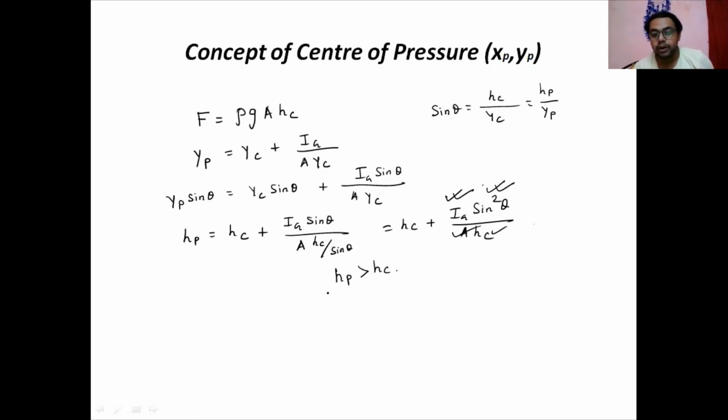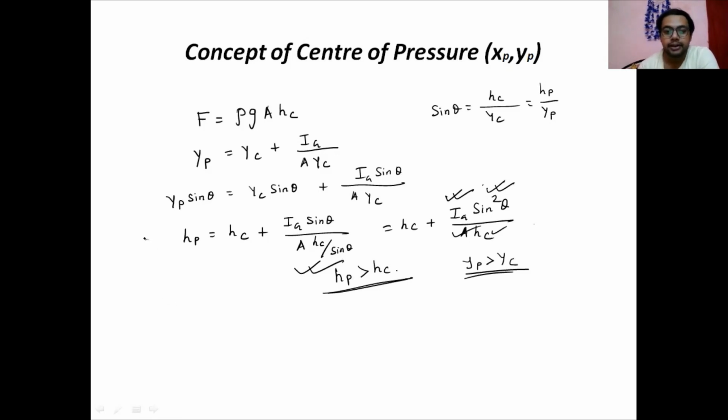So HP greater than HC is more important and more realistic to understand than YP greater than YC, because sine square theta, IG, A and H are all positive quantities. That is the way to get this.